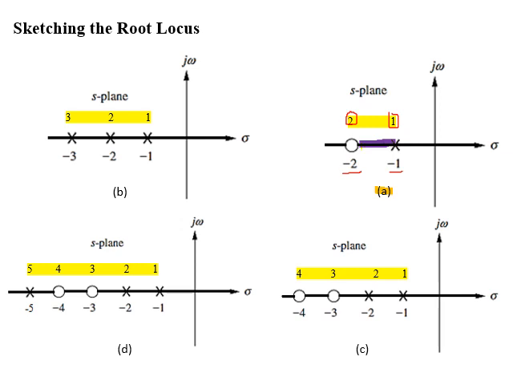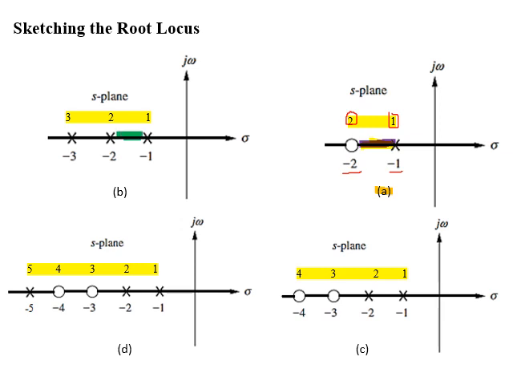Now if you look at figure B, in this we have 3 open loop system poles, and if we start numbering from the right, we have poles at locations -1, -2, -3, and these will be numbered as 1, 2 and 3.